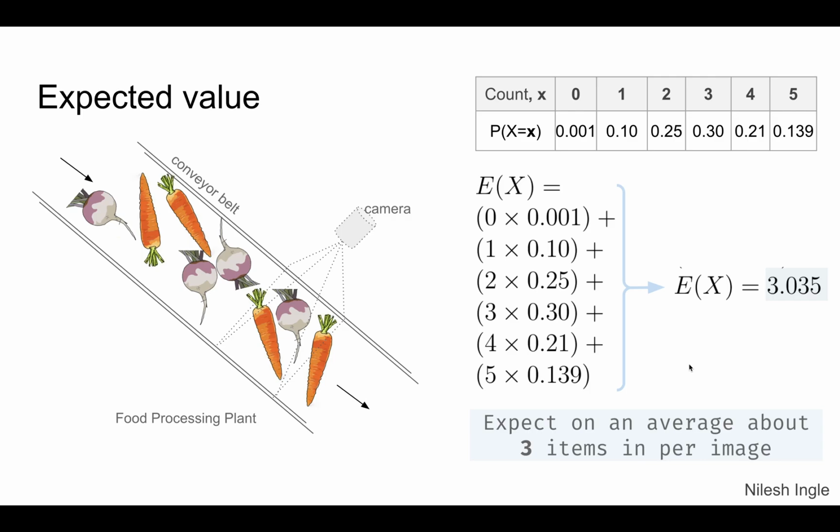What that tells us is that on the conveyor belt, based on the information that we have, we could expect on average about 3 vegetables in each image, and we'll use that information of expected value in the coming discussion.